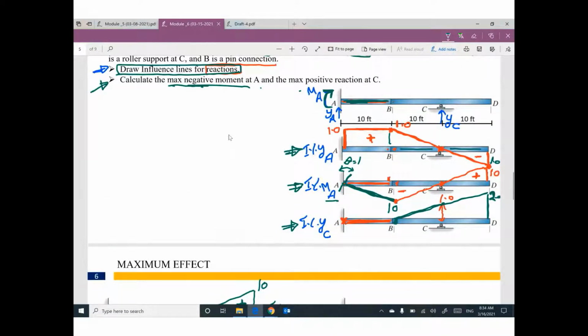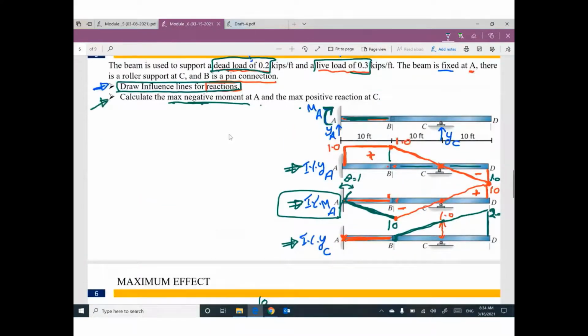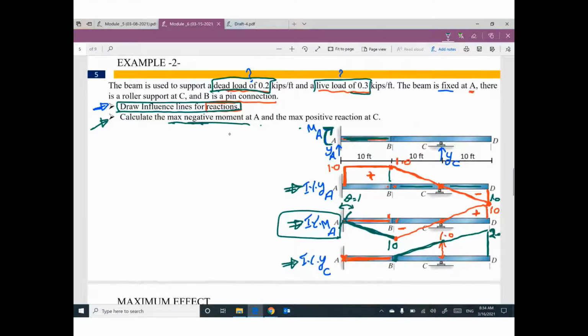Can you tell me how I can figure out the maximum negative moment at A?